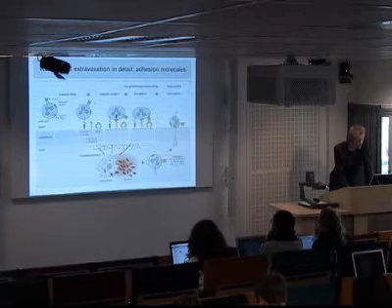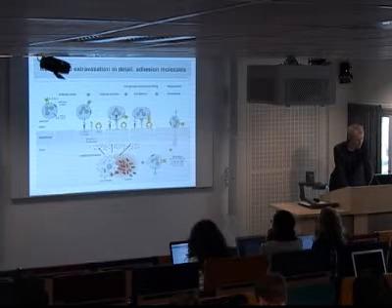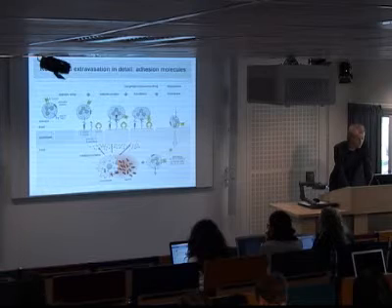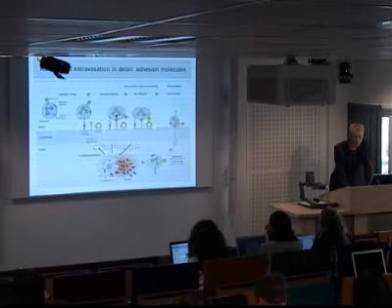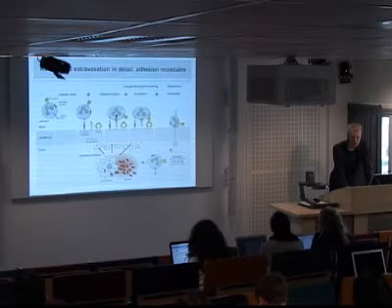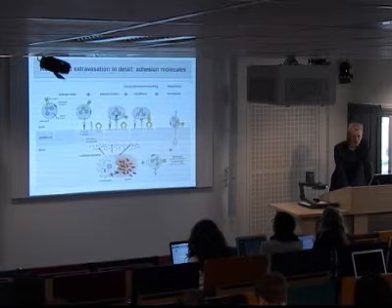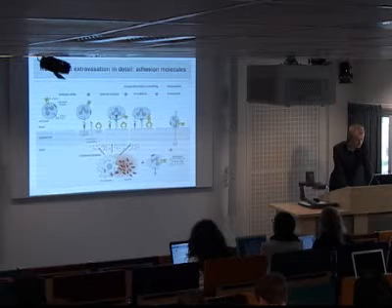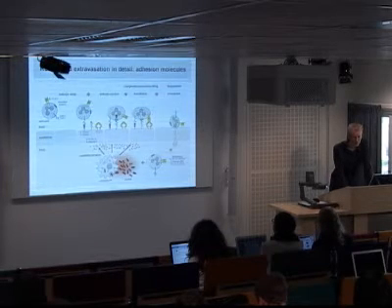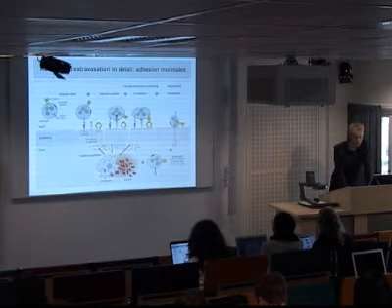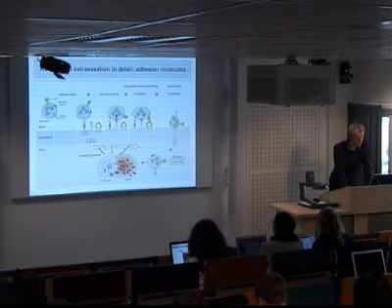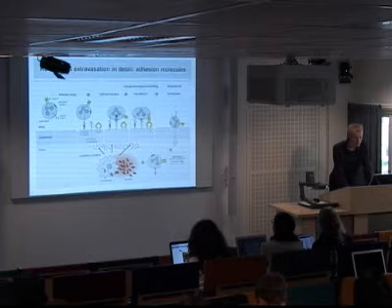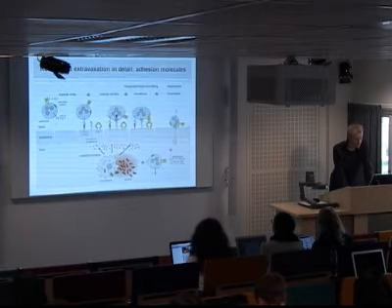There's also an interaction between the chemokine receptor on the neutrophil and the chemokine itself, which is present on the surface of the endothelial cells. It's coupled to proteoglycans, so to glycoproteins. Then there's a third interaction needed to establish a really firm adhesion, and this is an interaction between integrins on both the endothelial cells and the neutrophil, and then you get a really firm adhesion.